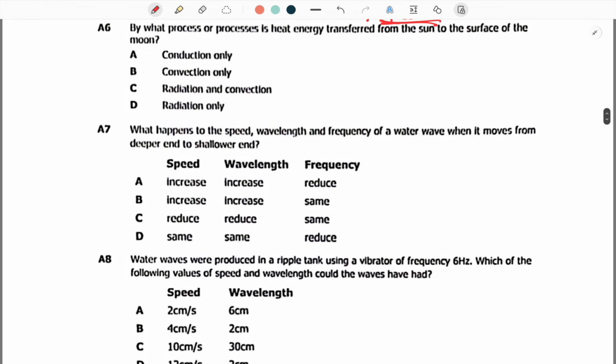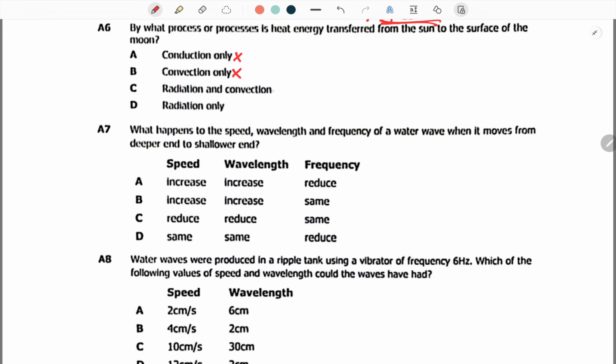The next question is saying, by what process or processes is heat energy transferred from the sun to the surface of the moon? So here they're saying conduction only. Conduction occurs in a solid object like a metal bar or something. Convection occurs in liquids or fluids.